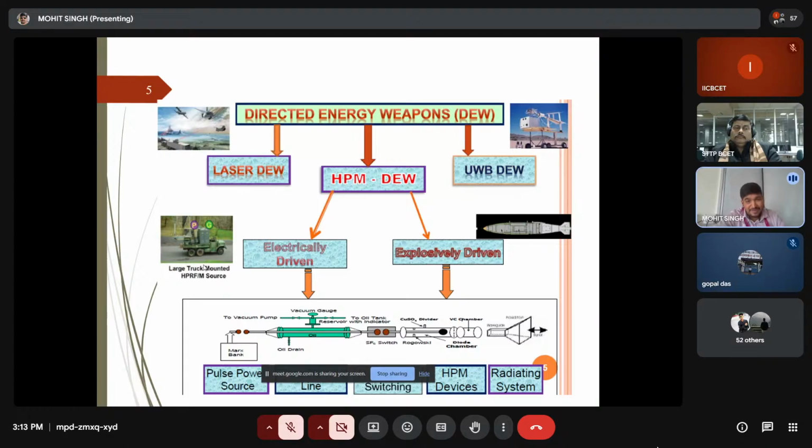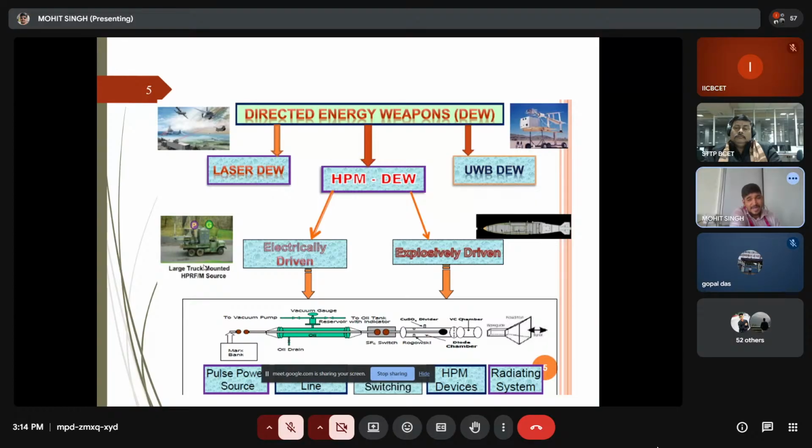And one more beautiful thing about the HPM directed energy weapon is that laser and particle weapons are very pinpoint. Pinpoint means very precise targeting is required if I'm using a laser directed energy weapon, and in the case of a particle beam directed energy weapon also very precise targeting is required. But for HPM, the spot size is large enough, so no precise targeting is required.